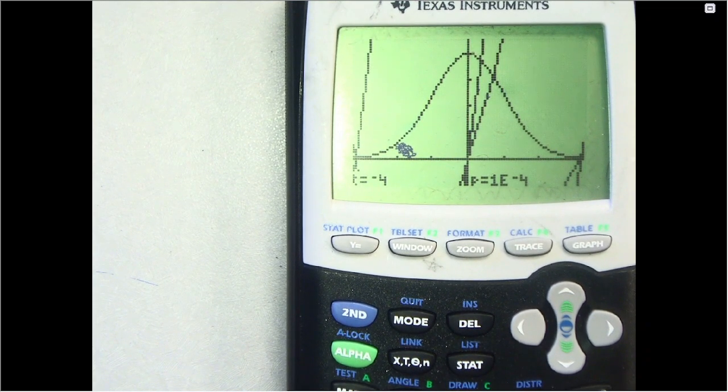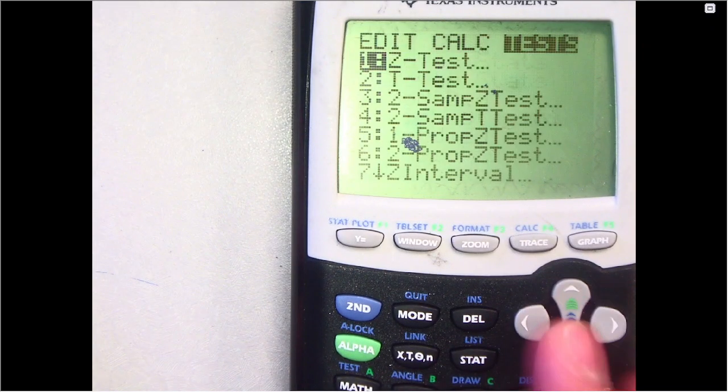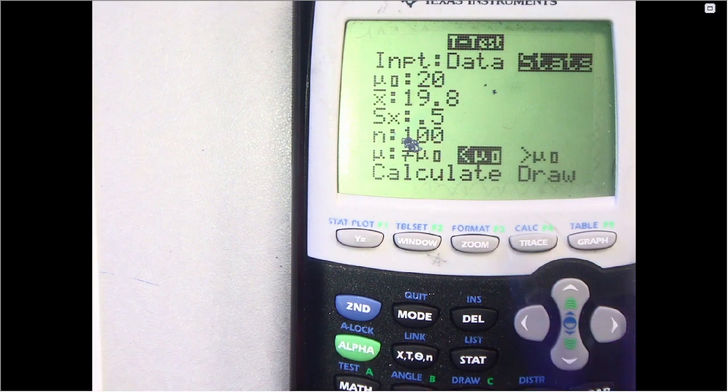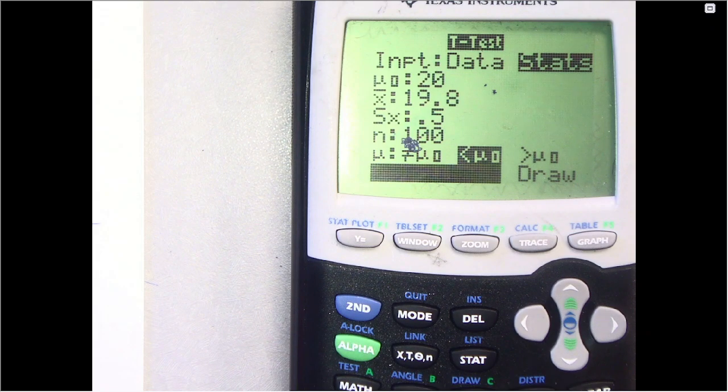Did you get 0.0006? I got 4. Yeah, 0.999. I think you put it as greater than instead. There's less than. Mu naught is 20, right? Yeah, and we think that we're less than 20.